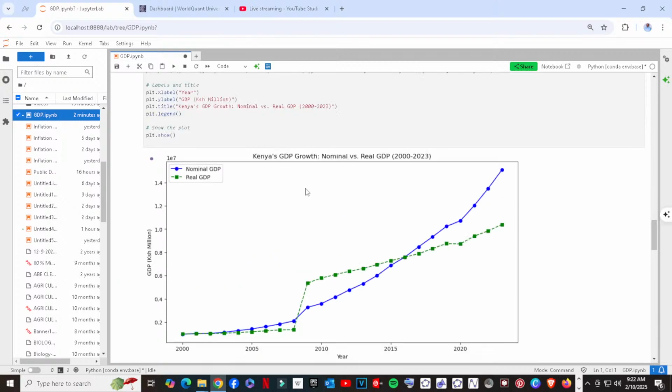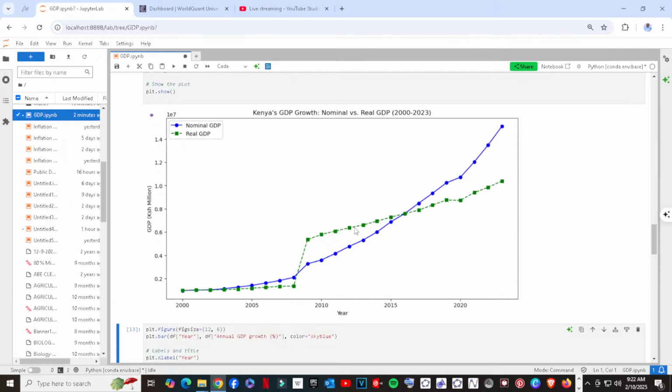So that is it. I've already run it. Now this is what we have. We have the line. We can see the green line is the real GDP, and the blue line is the nominal GDP. Just a moment.